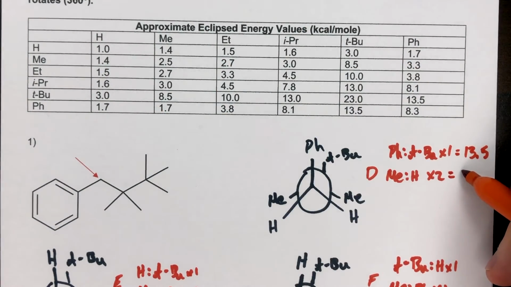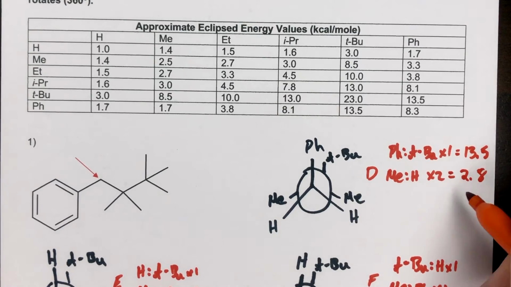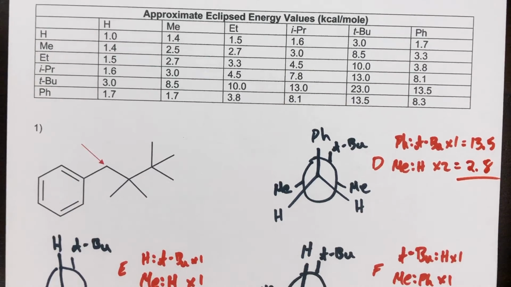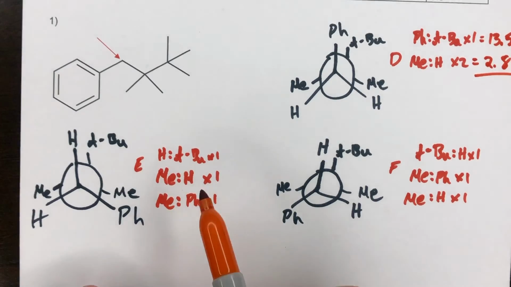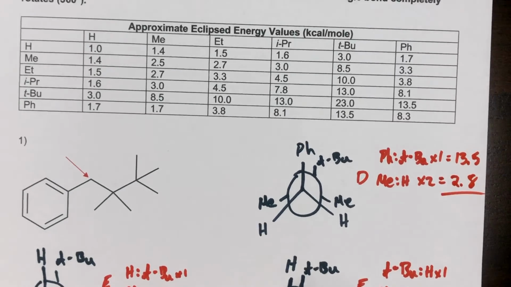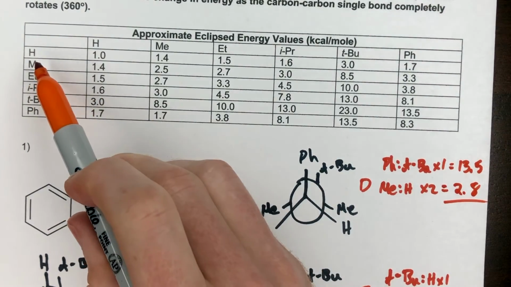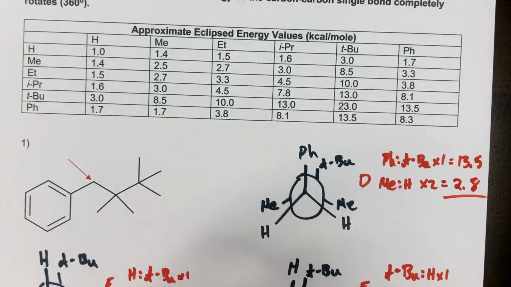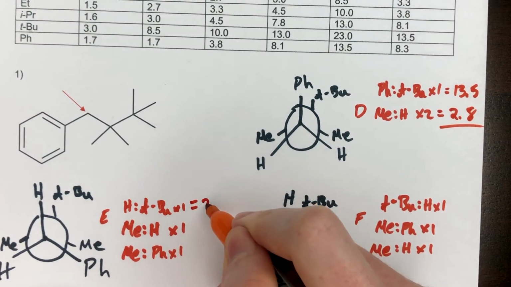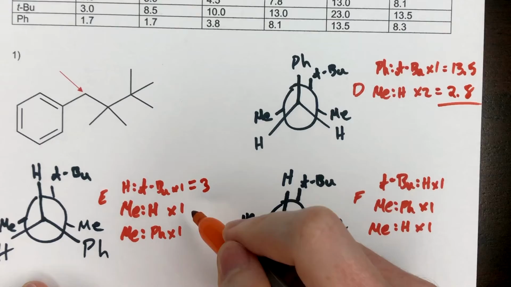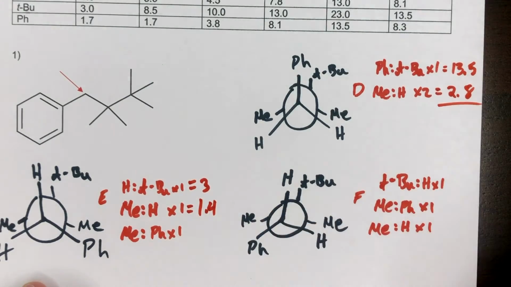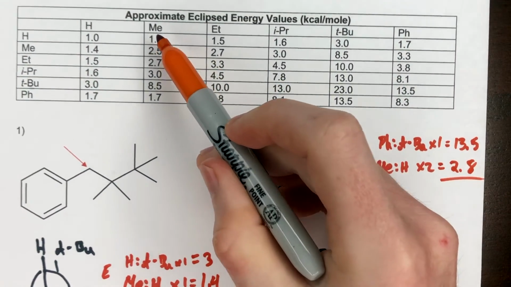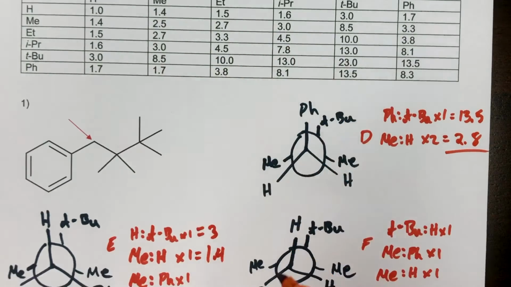There's two of them, so that's 2.8. So we can add that up, but we'll save that till we get them all done. So T-butyl hydrogen now, this is one we have to check. Hydrogen, T-butyl, that's 3. Methyl hydrogen we've already done, that's 1.4. And a methyl phenyl. So methyl phenyl is 1.7.